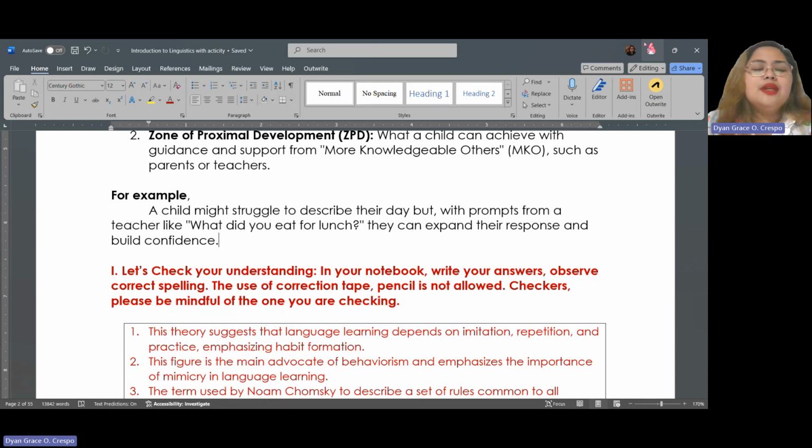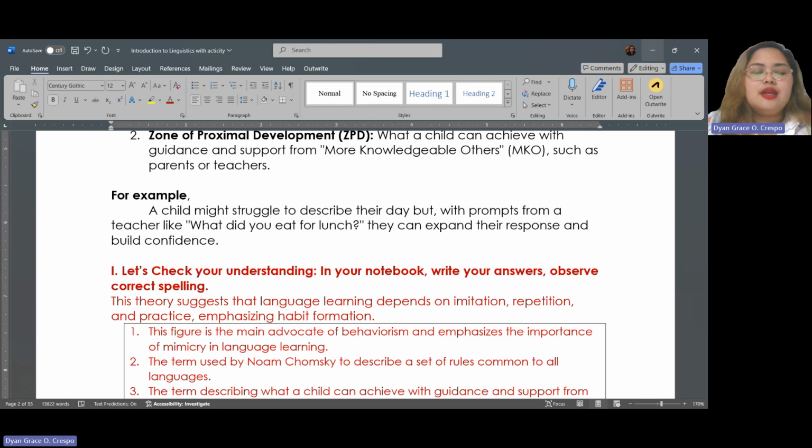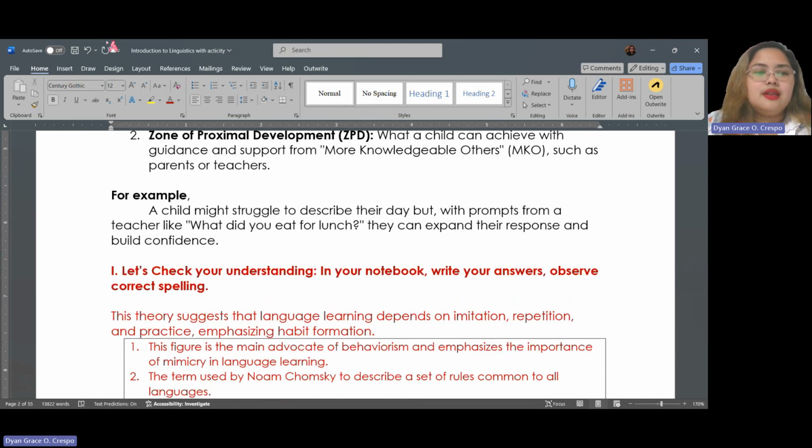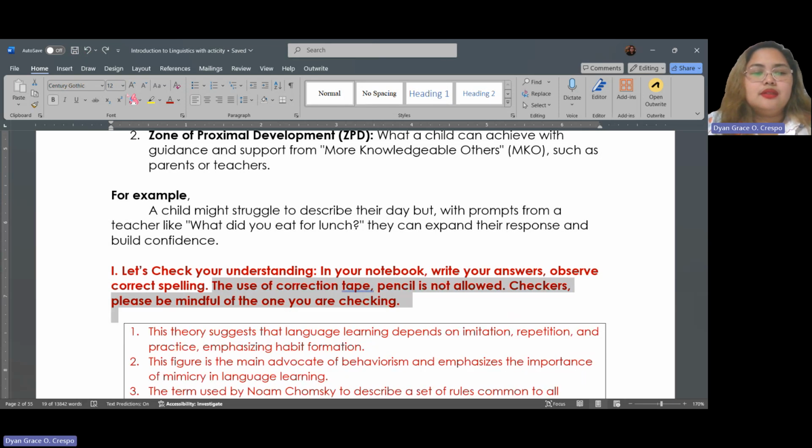Okay, so now let's check your understanding in your notebook. Write your answers. Observe correct spelling. The use of correction tape and pencil is not allowed. Maybe this time I'll allow you to use them. Don't worry. Okay, this one. So, check your understanding. Wait for a while. I'll block this so that you could not see it.